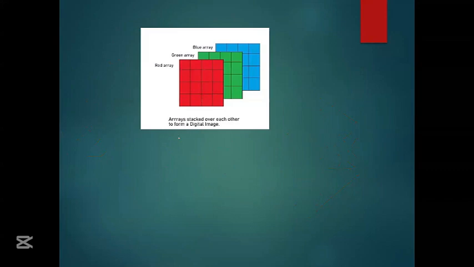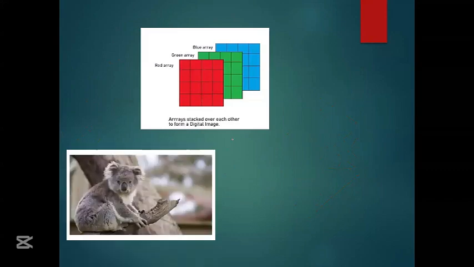But think about this. If you are trying to train a model using a colored image, the number of pixels is really higher than the black and white image, because in an RGB image we have 3 layers, right?